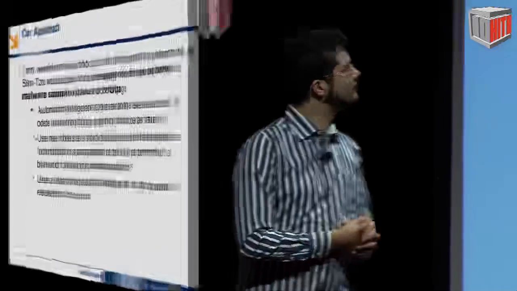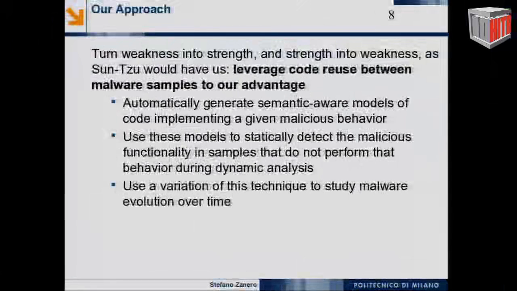So our approach in this was basically what Sun Tzu would have advised us to do, to try to turn this weakness that we have into a strength. And the weakness is malware authors are producing many, many variations of the same malware. So leveraging this weakness means that we use that against them.